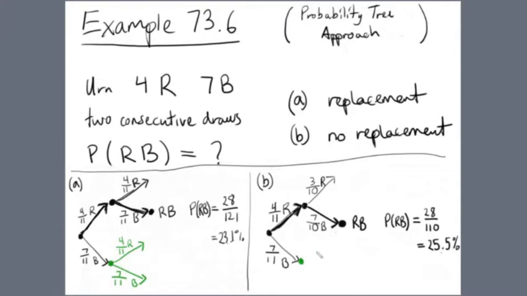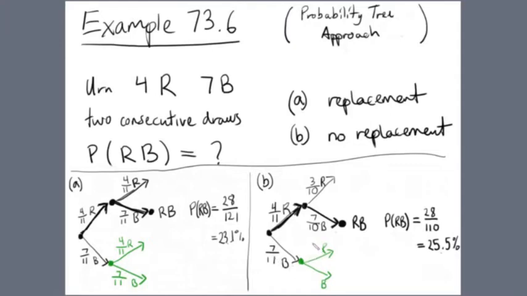So now we're in the experiment where there is no replacement, and we've imagined we've just drawn a blue marble. So again, there's two choices. We could draw a red, or we could draw a blue. And what's the chance of drawing a red on the second draw, given that we've drawn a blue on the first draw?